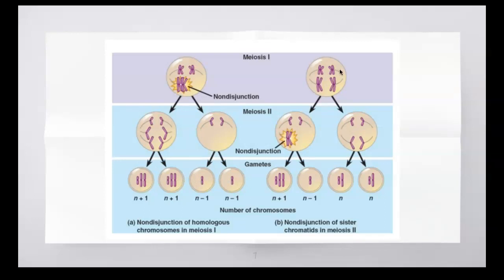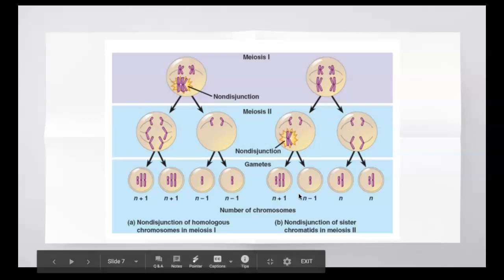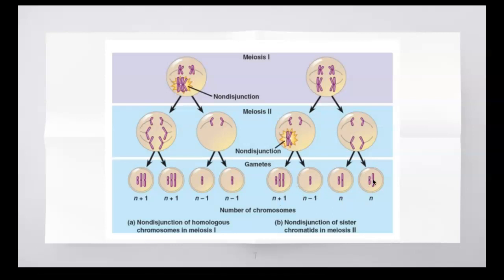In the option where anaphase 2 is where the nondisjunction occurs, this time I have 24, 22, but I still have a 23 and a 23 cell. So only half of my cells, if it happens during anaphase 2, would be incorrect number of chromosomes. So this is a little bit less detrimental if it happens during anaphase 2.